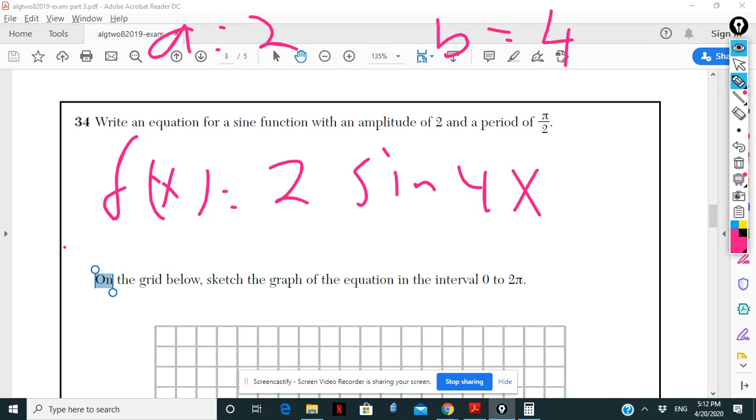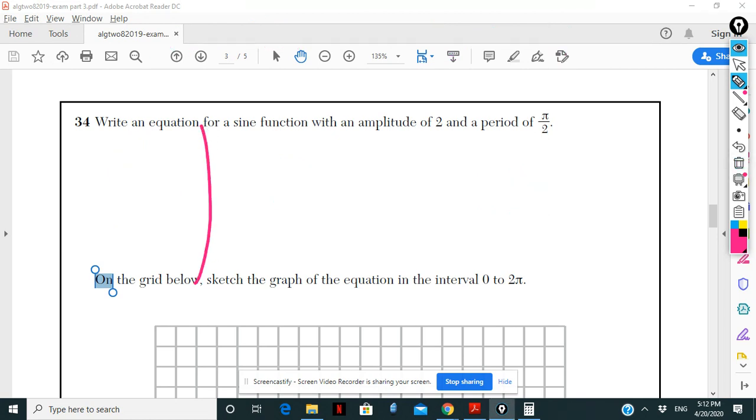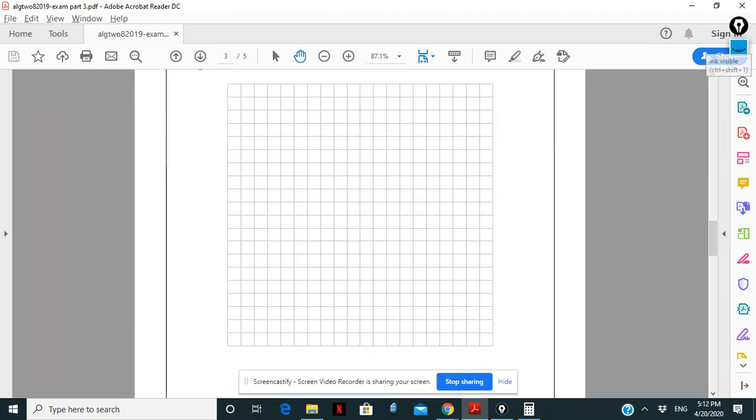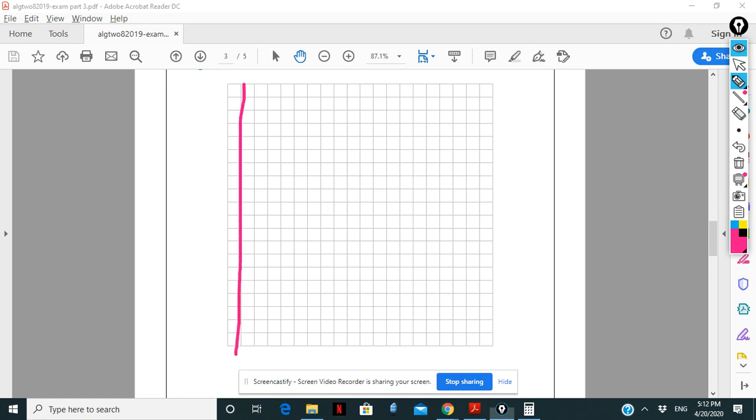That's a function. Now, you want to graph it on 0 to 2 pi. Here's the y-axis, the x-axis.